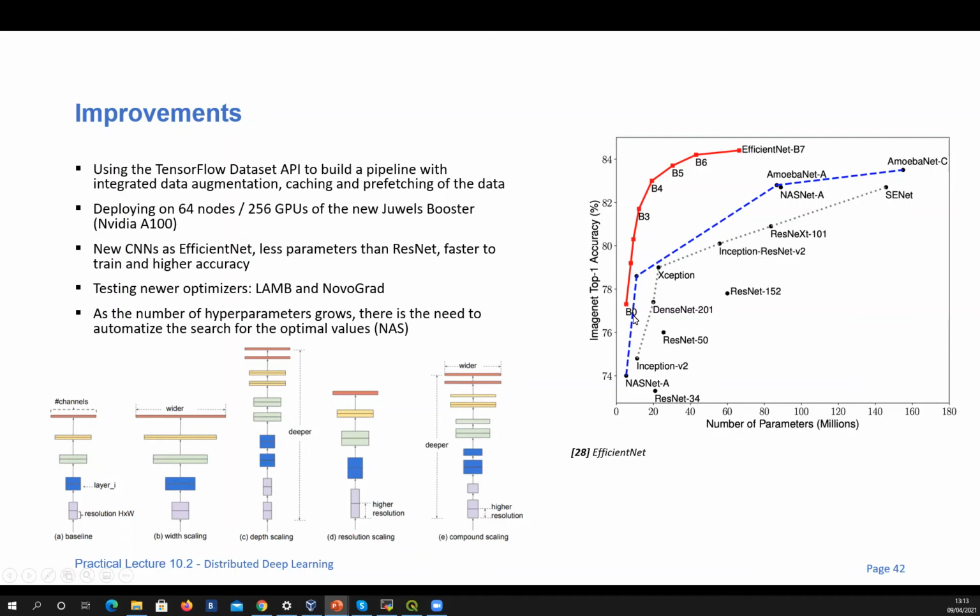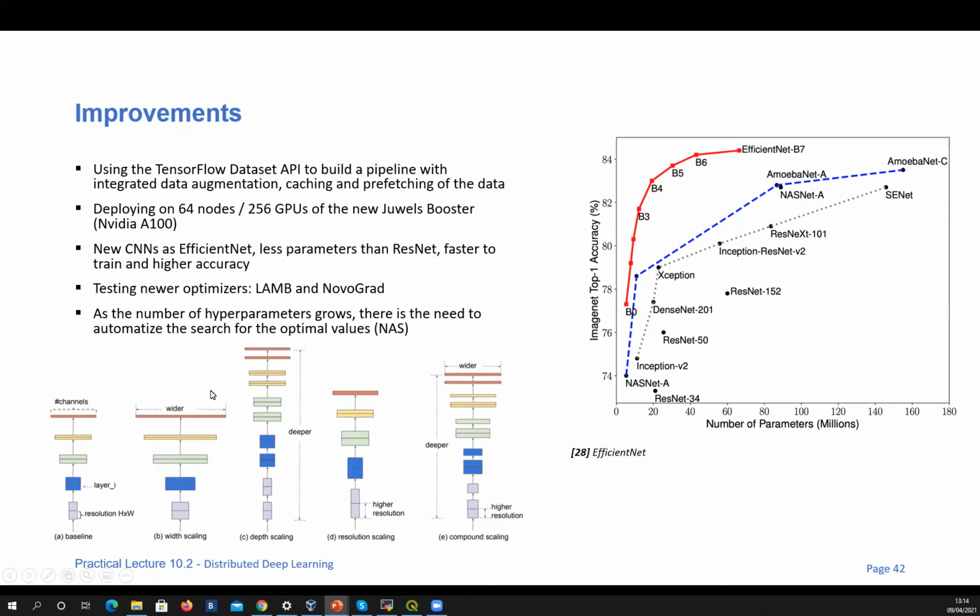If you compare, for example, the model B0 to a ResNet 50, you can see that the size of the parameters is completely different, and it is still getting a better accuracy than you could before with much larger ResNet models.